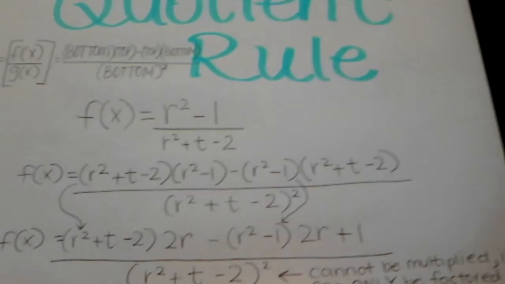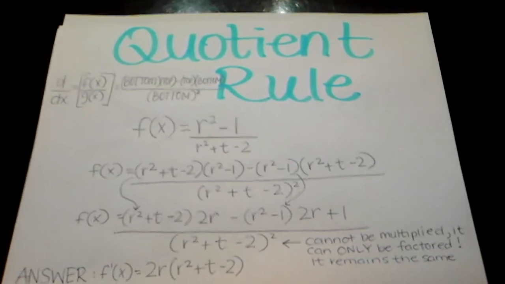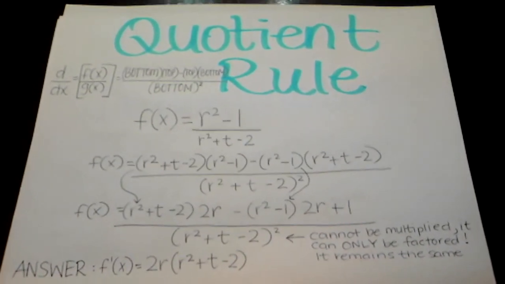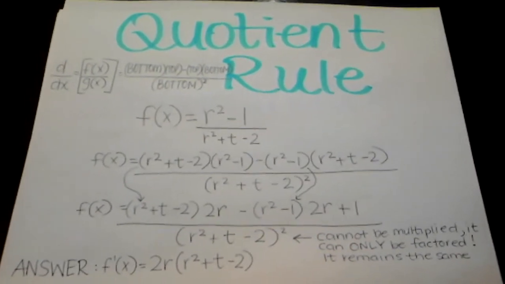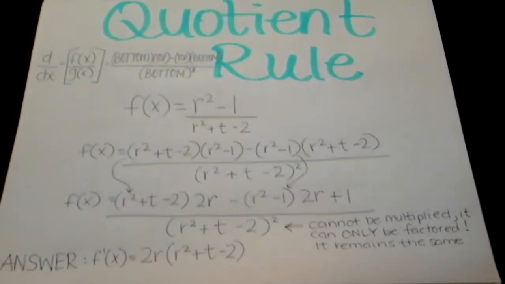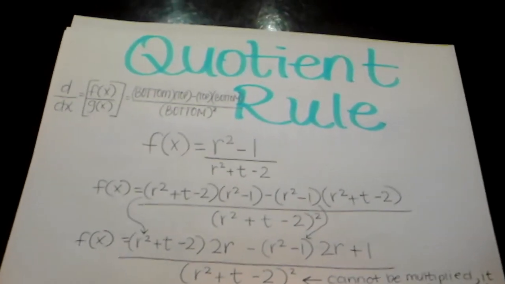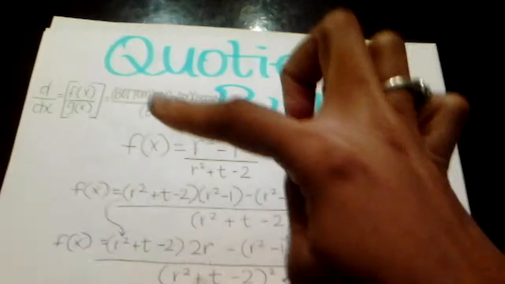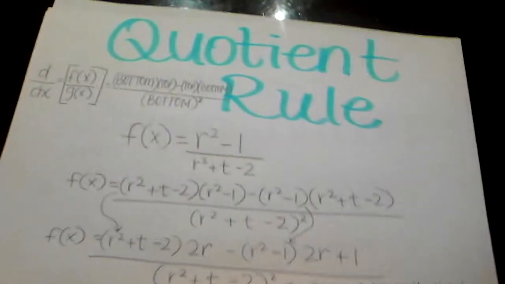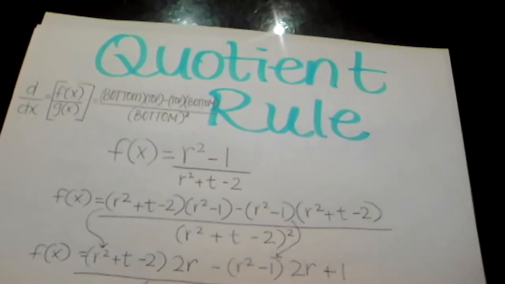The third rule is the quotient rule. The quotient rule means if f of x and g of x are both differentiable and g of x does not equal 0, then the derivative of f of x divided by g of x means you will multiply the bottom function g of x times the derivative of the top function, minus the top function times the derivative of the bottom function.